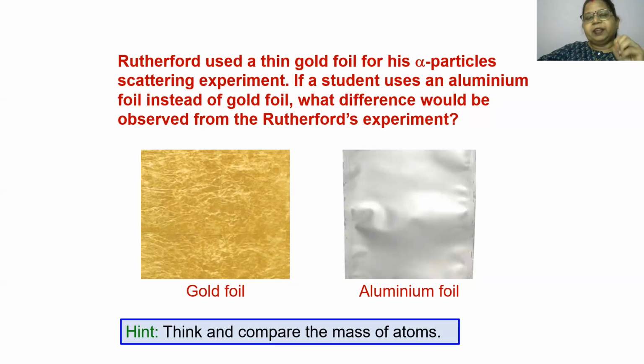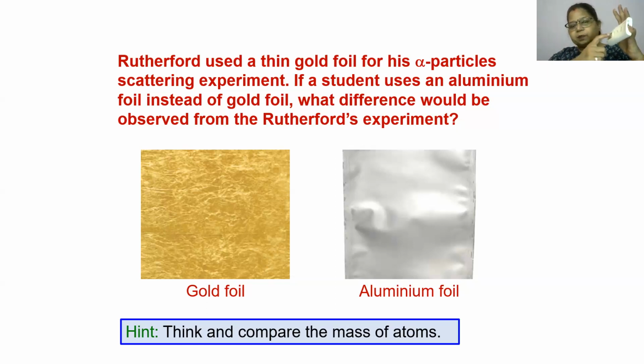What you have to do is compare the masses of gold foil and aluminium. Gold foil has more alpha particles. No, gold does not produce alpha particles. Gold, see, I can just imagine it to be a thick sheet. It's strong in itself, right?